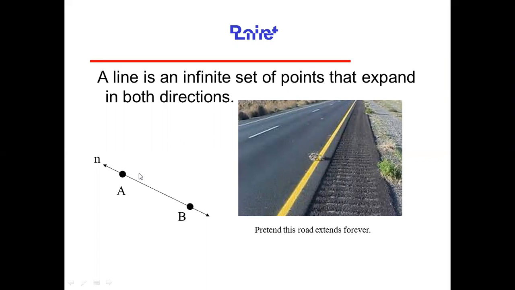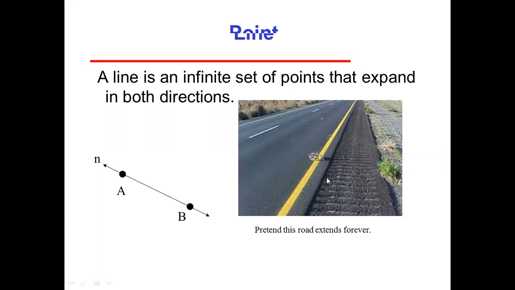Here we are considering only A, B. There are 2 points, A and B, and this is called the segment. We are considering only a part or portion of the line. This cut-off portion AB is called the segment.